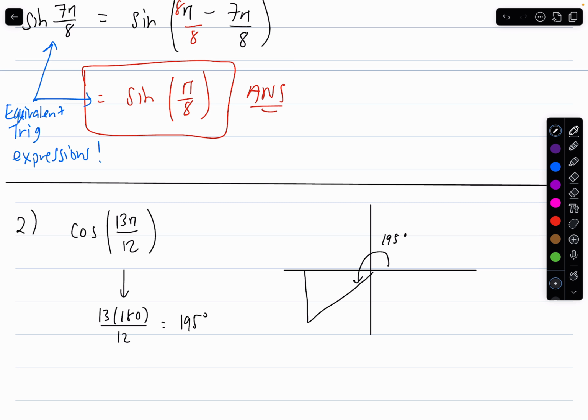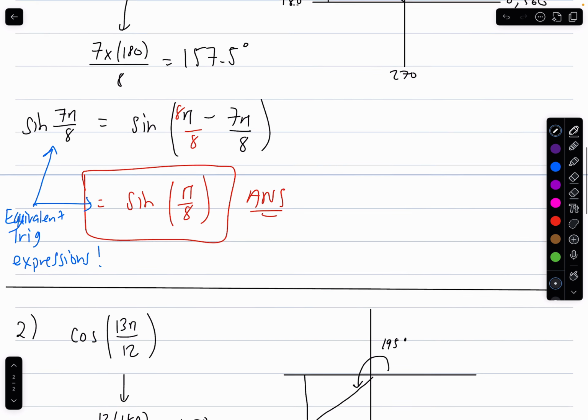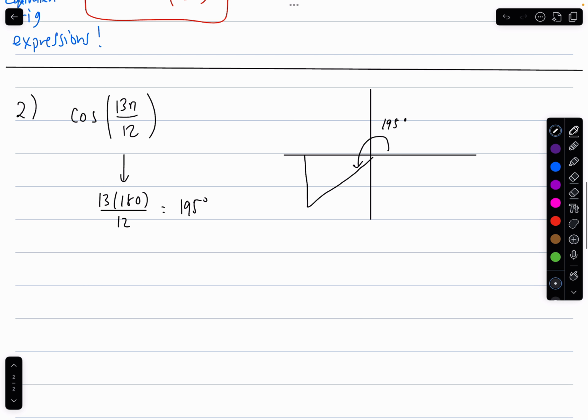So if we're in quadrant 3, we go back to our formula sheet. Over here, we're talking about cos. So it's saying cos pi plus theta is equal to negative cos theta. Okay. So this cos 13 pi over 12, I have to make into something like this.